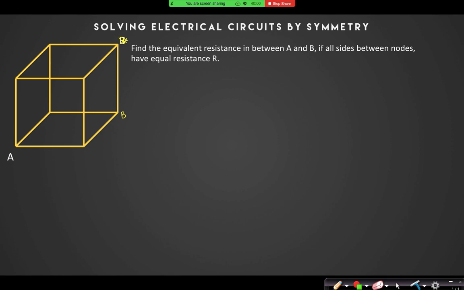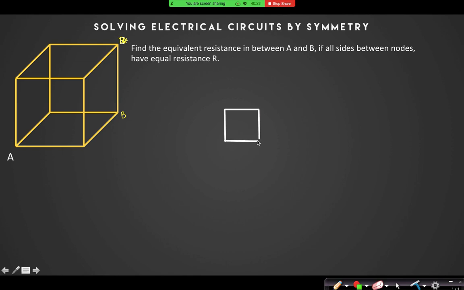Look, if I compress this diagram, or if I look from the top, we'll be able to see, if I compress this, then it will be very easy to find the answer.